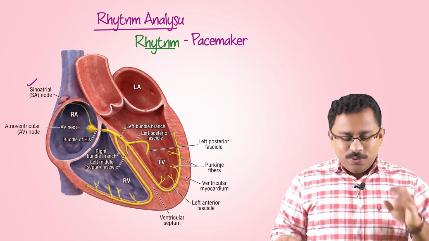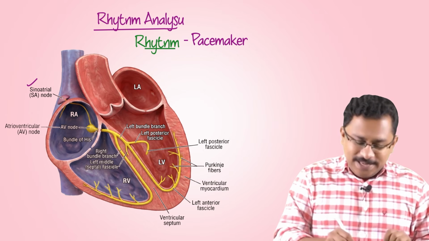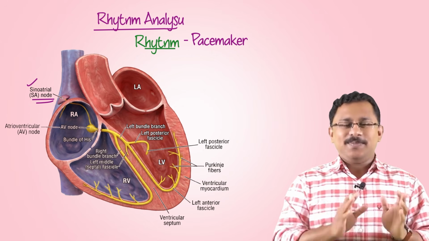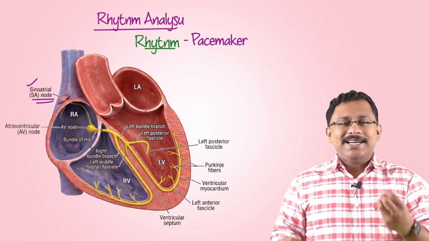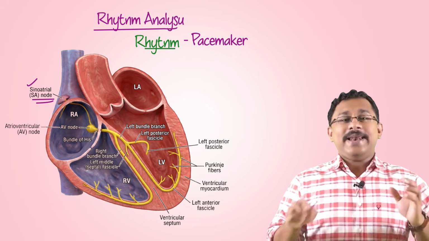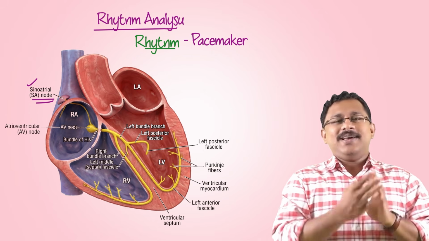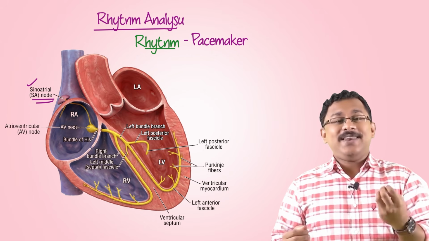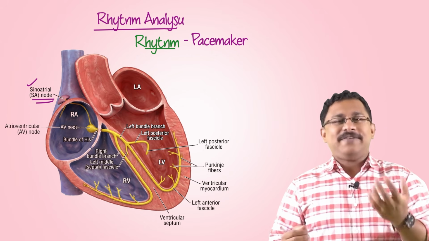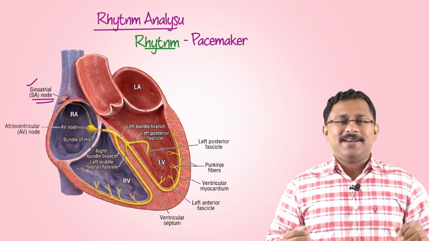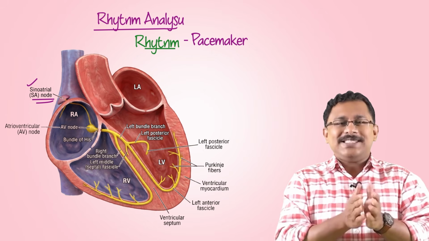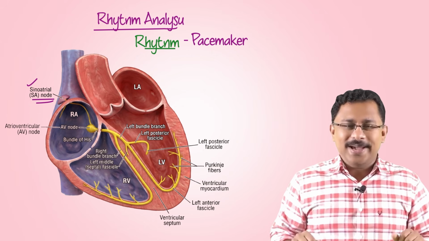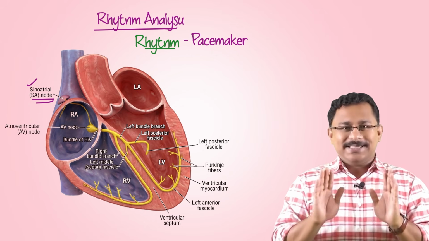Normally the SA node is the cardiac pacemaker, but in certain disease states you can have your AV node taking over the function of pacemaker, or scenarios where the Purkinje fibers become the pacemaker. So depending on which is acting as the pacemaker, the rhythm varies. I hope that is clear.